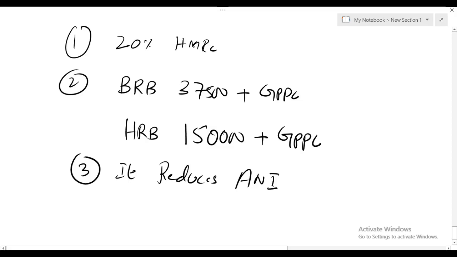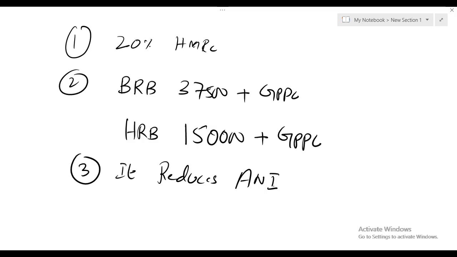If due to PPC, your adjusted net income gets to 1 lakh or below, it means you are not wasting any personal allowance. So these are the 3 benefits of contributing in PPC. 20% is paid by HMRC. Second benefit is with gross PPC, basic and high rate band limits will increase. And third benefit is gross PPC actually reduces your ANI. And if you get ANI 1 lakh or below, it means your personal allowance will not be wasted.